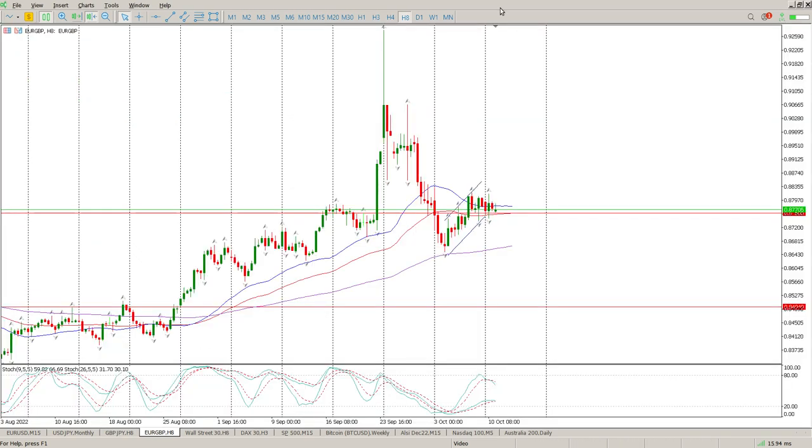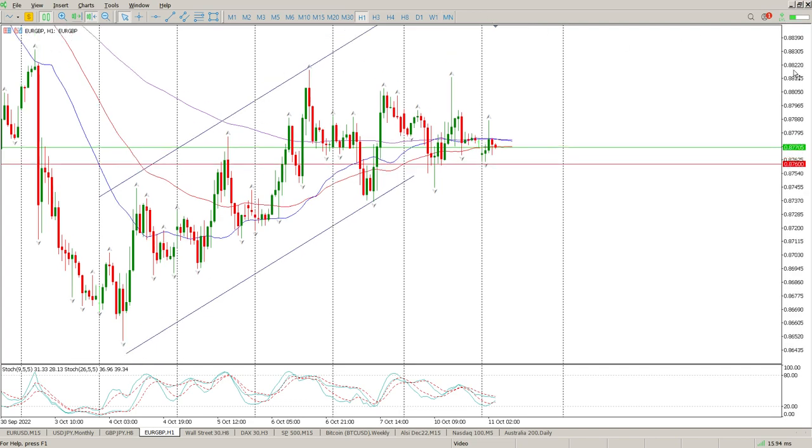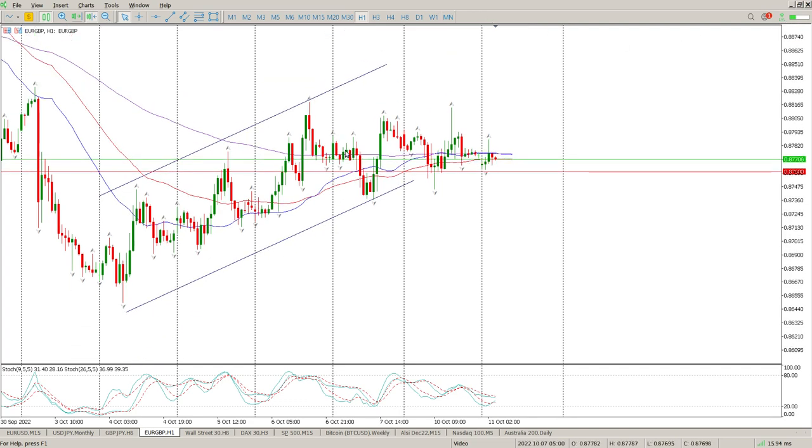Very possible on the macro view, but the minute we come down to lower time frames, look at this, in amongst the moving averages, drifting out of the channel, granted, but it's not a break. It's just a messy situation in amongst moving averages here. This is pure confusion.